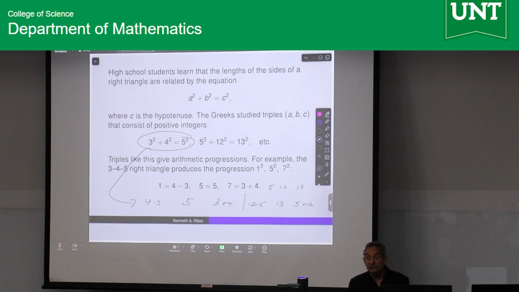You get 7, 13, 17, which is this other triple that I calculated with a few slides ago. And for this kind of algebraic reason, there is a perfect correspondence between congruent numbers and numbers involved with right triangles.